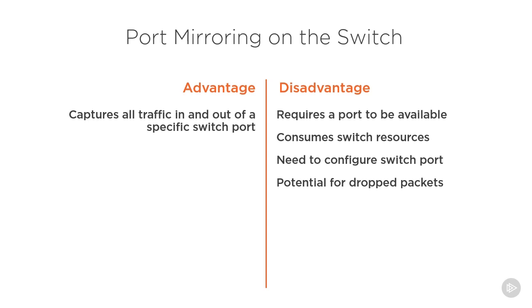For example, if you're monitoring a full duplex 1 gigabit link, you could have 1 gig going out and 1 gig coming in, which means that your mirrored port needs to be able to support a network speed potentially up to 2 gig. If the switch cannot forward the traffic fast enough on the mirrored port, then it will result in packet loss. But as I said, even with these disadvantages, using port mirroring is the most common approach to monitoring network traffic.